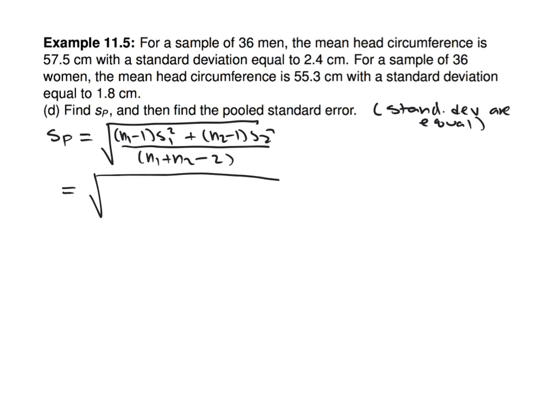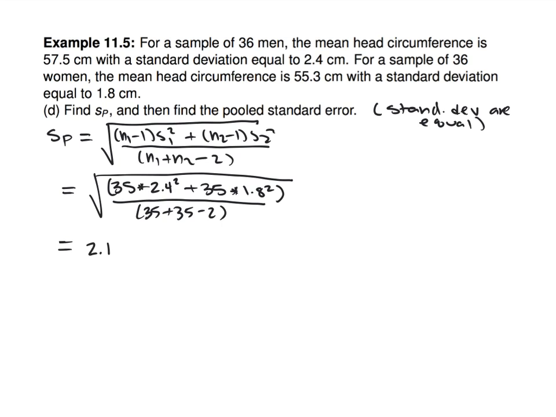Plugging all of our numbers in, 36 minus 1 gives us 35 times s1, which is 2.4 squared, plus 35 times 1.8 squared, then parentheses, divided by 35 plus 35 minus 2. Make sure that you can do this in your calculator, because being able to push the buttons in the right way is actually important. This should give you about 2.12.